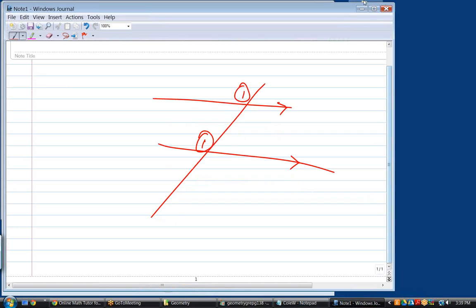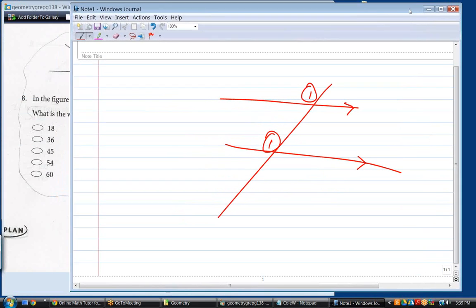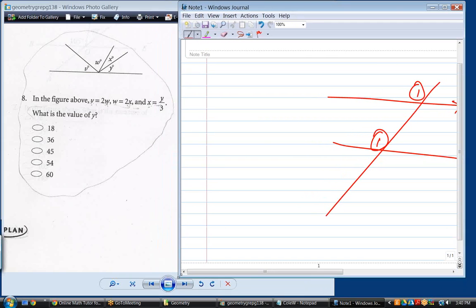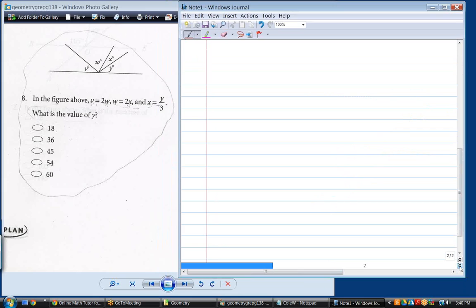Be able to draw a picture here. This is V. V is equal to 2W.